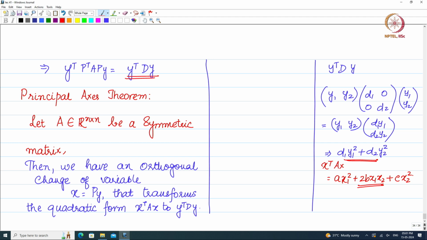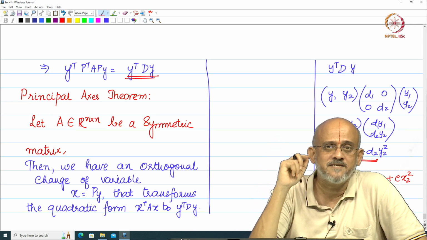So the principal axis theorem simply says that if you have a real symmetric matrix, then you have an orthogonal change of variable x is equal to P y, such that x transpose A x gets transformed to y transpose D y, which is devoid of cross terms. That is more important.